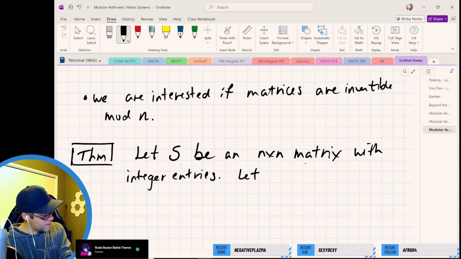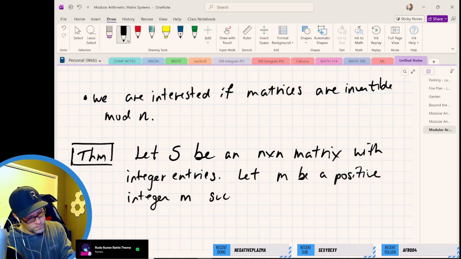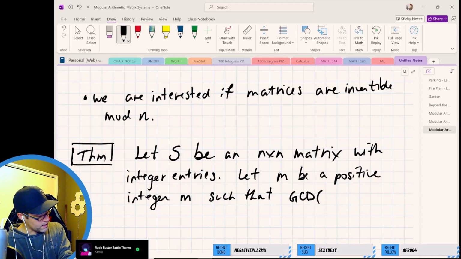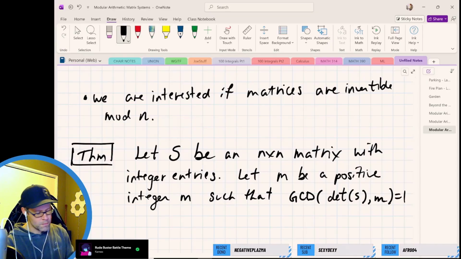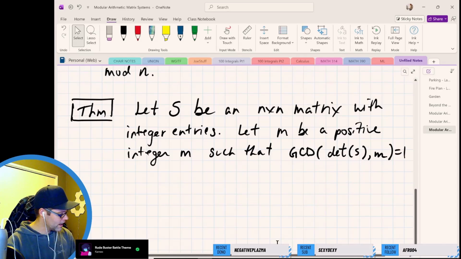Let's take a positive integer m such that when we take the GCD of the determinant of our matrix and m, we get 1. You'll see why we need that in a hot second.